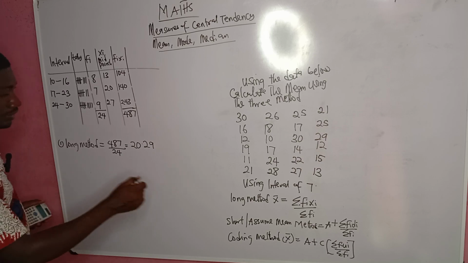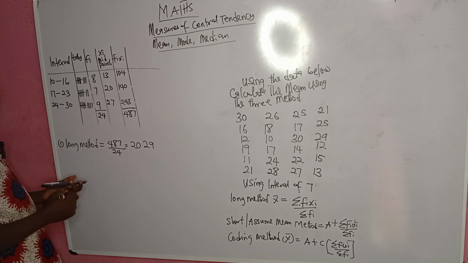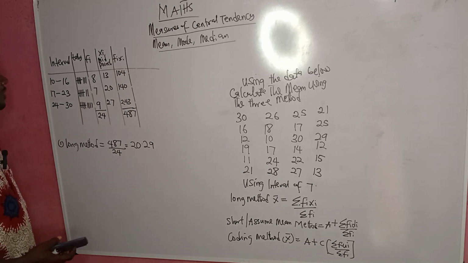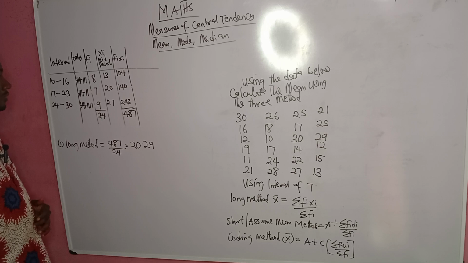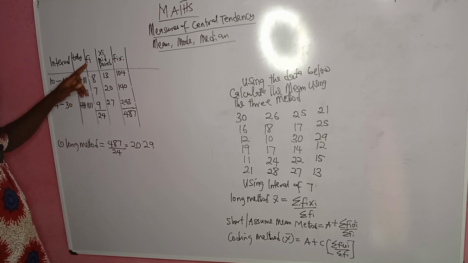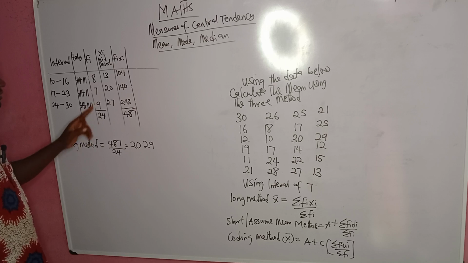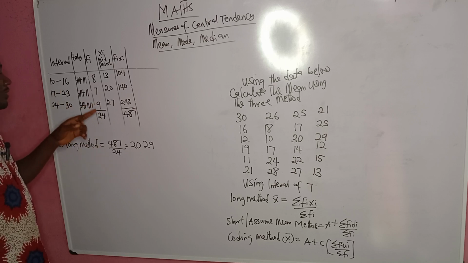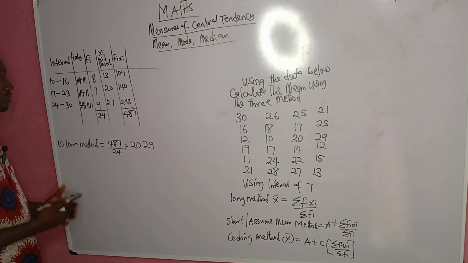Okay, so the short method, the first thing is the assumed mean, which is A. This is how to get our assumed mean when it is not given to you. Check this frequency line. The highest frequency is what? 9. The number that corresponds with the highest frequency under your midpoint line, which is the Xi, is your assumed mean.